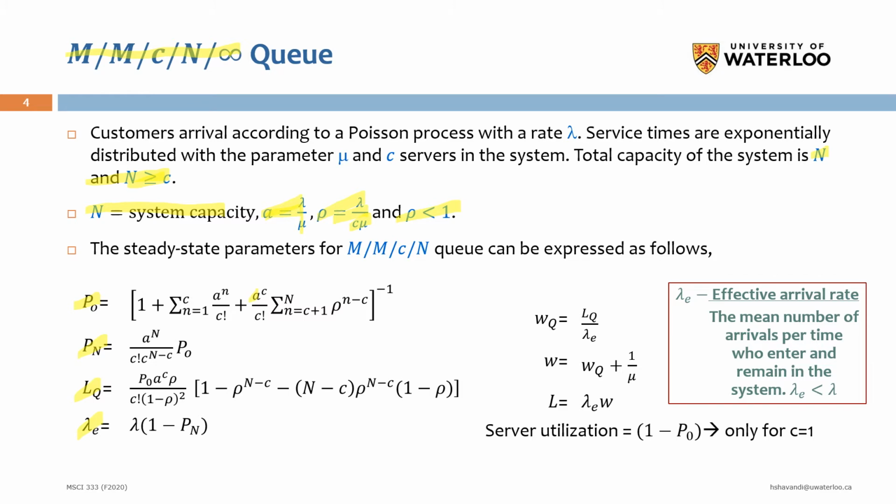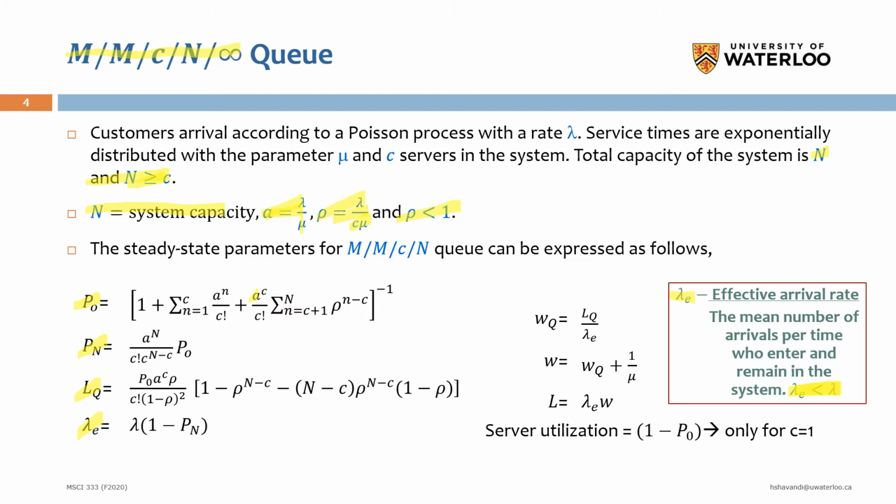Here, if we have N customers in the system, the next arrival cannot join the system because there is no room, right? So by this assumption, the effective arrival rate will be different than the arrival rate. Let's denote the effective arrival rate by lambda E, and it will be less than lambda, right?